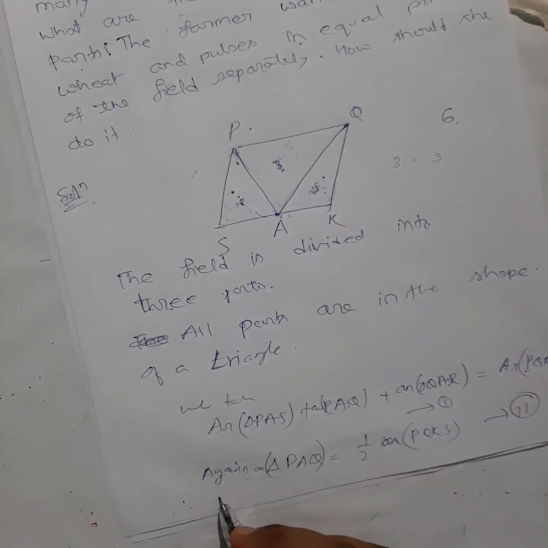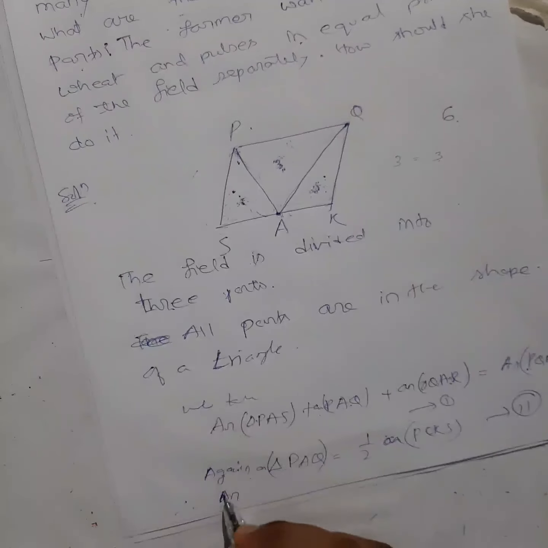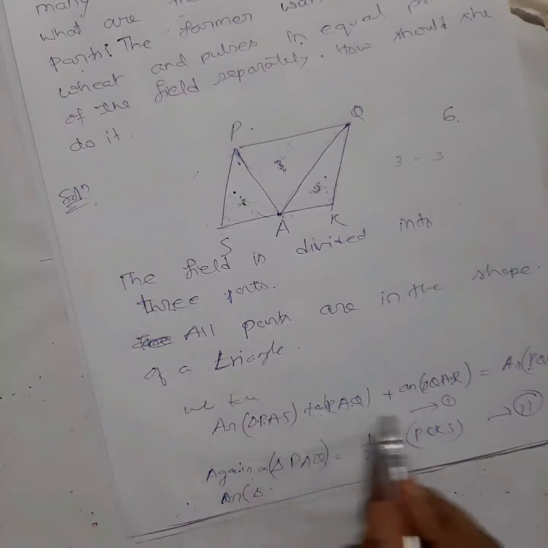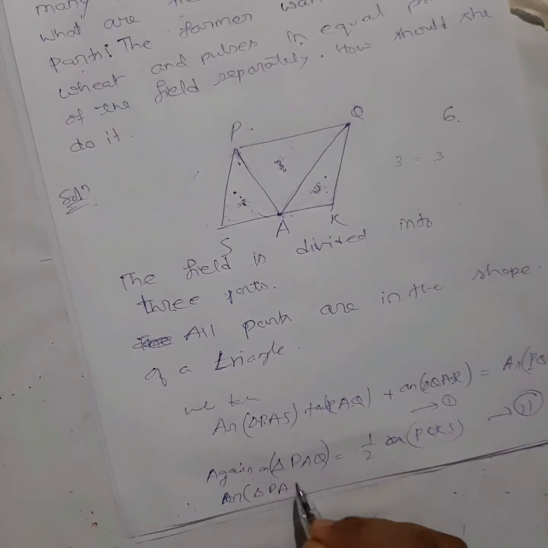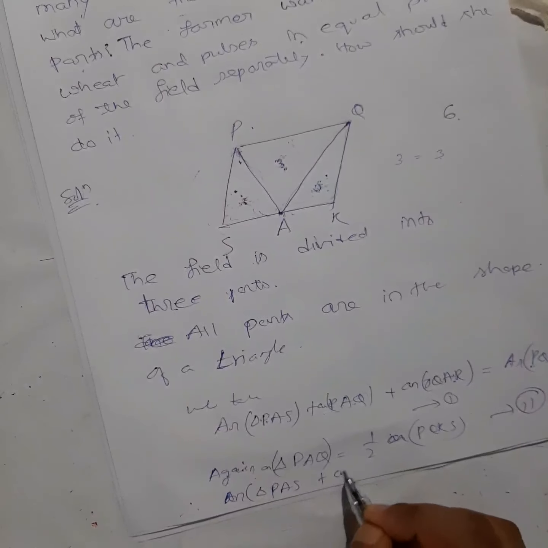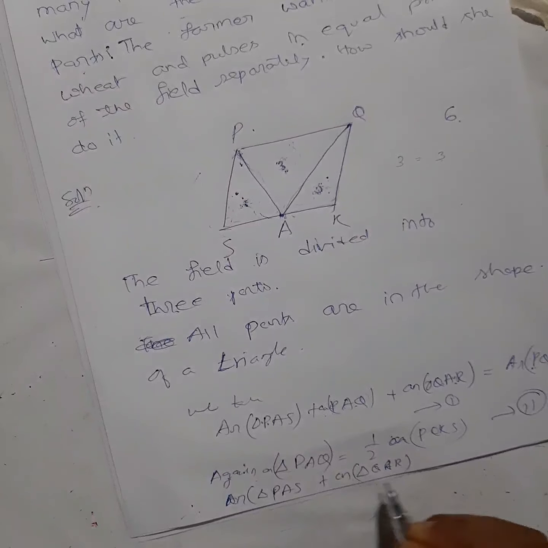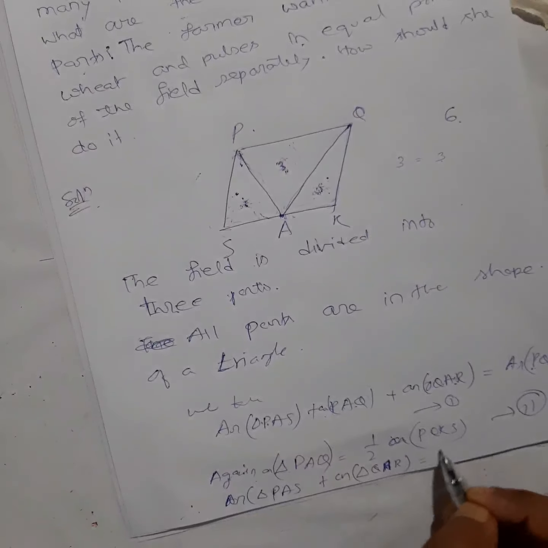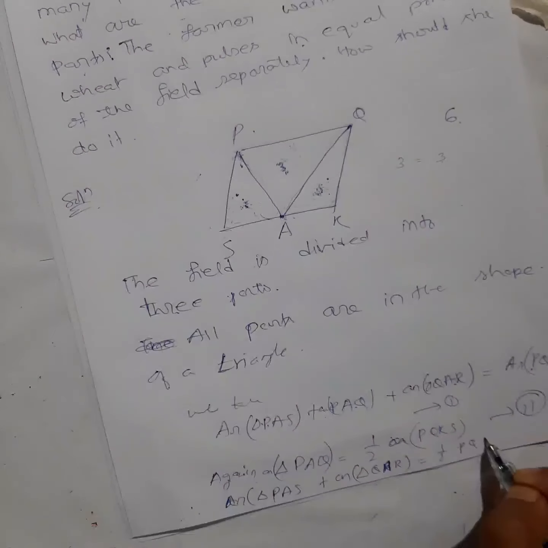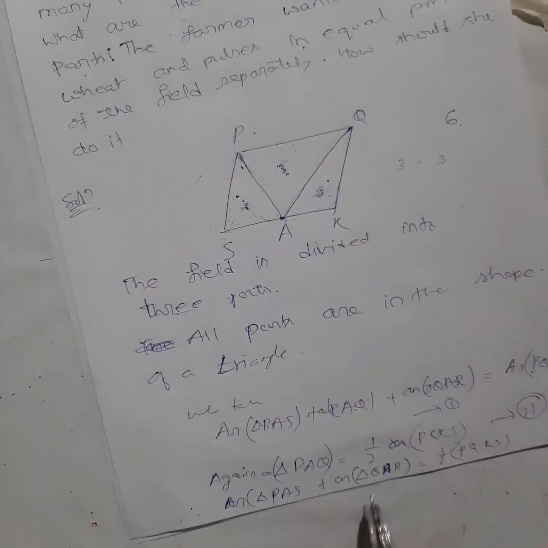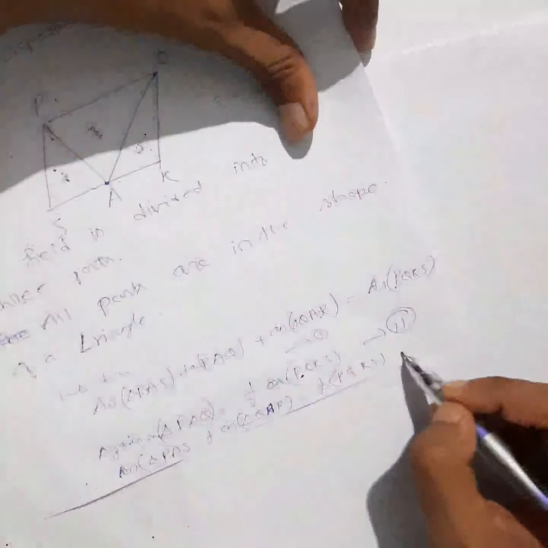Therefore, area of triangle PAS plus area of triangle QAR is equal to half of PQRS. So can I say this is equal to this one, and this is also equal, so can I say this and this are also equal? Sorry, so from this you have to mark it as 3.